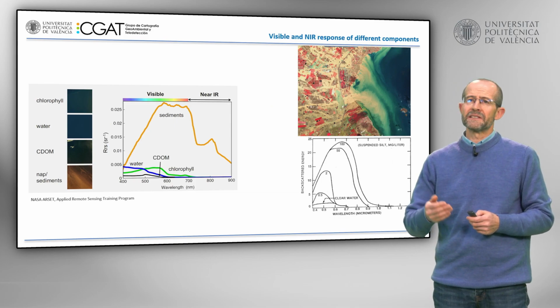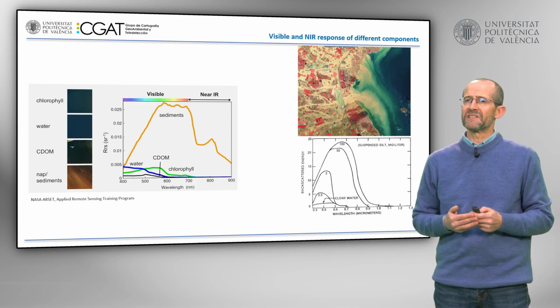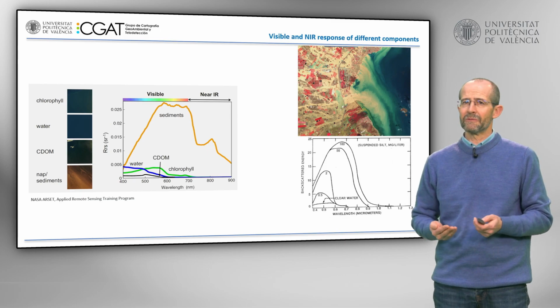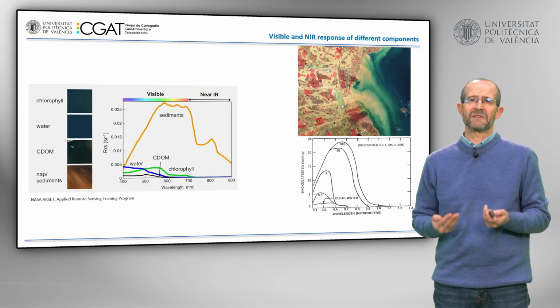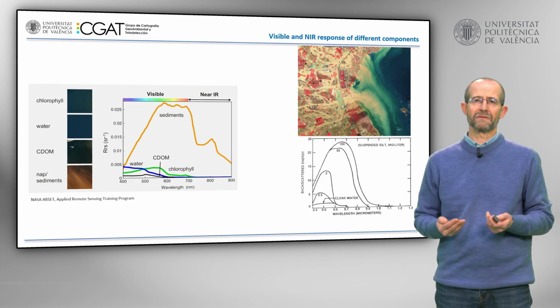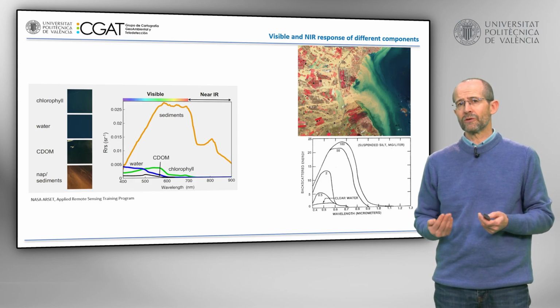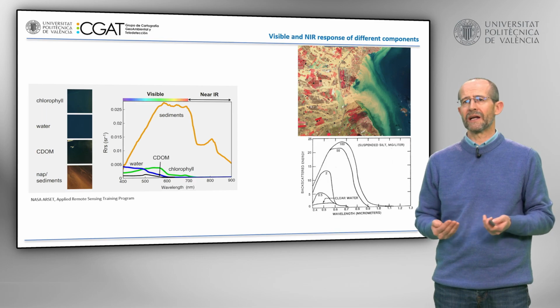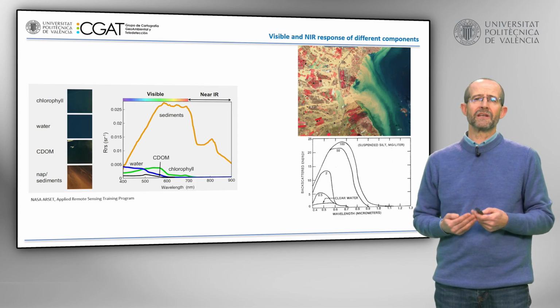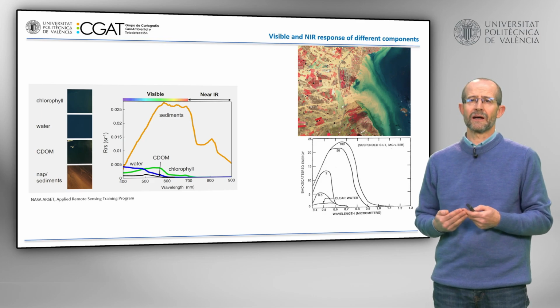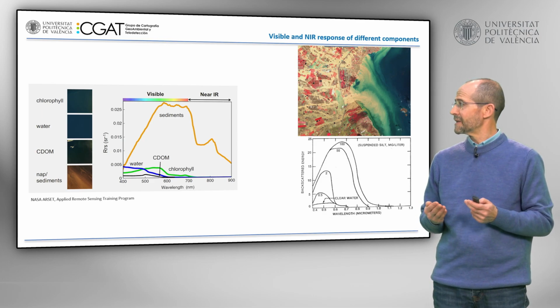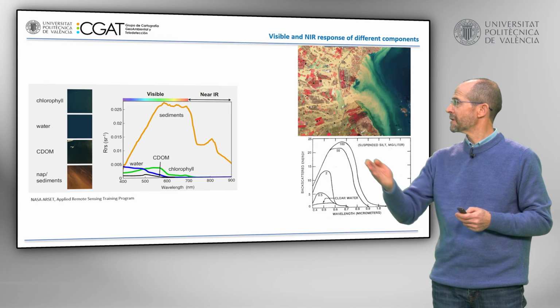The figure on the left shows the spectral response of the different components identifiable in the water. Suspended sediments generate the strongest response in both the visible and near-infrared. In contrast, both chlorophyll and dissolved organic matter contribute less to the amount of energy received by the satellite, being limited almost exclusively to the visible spectrum.